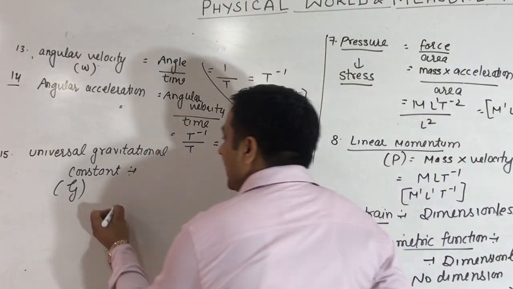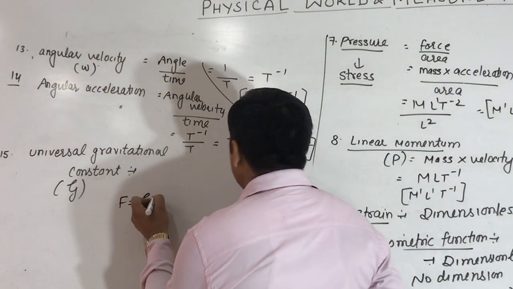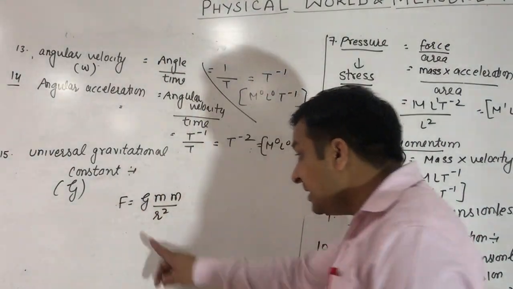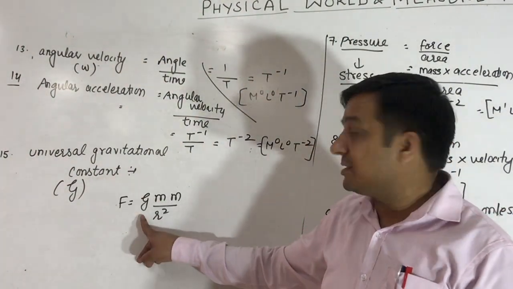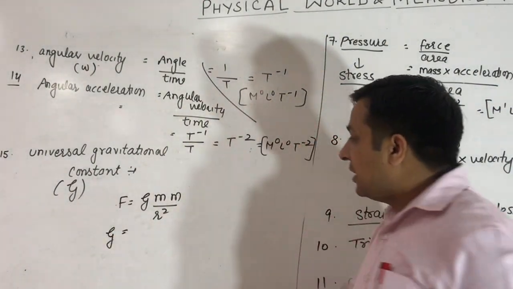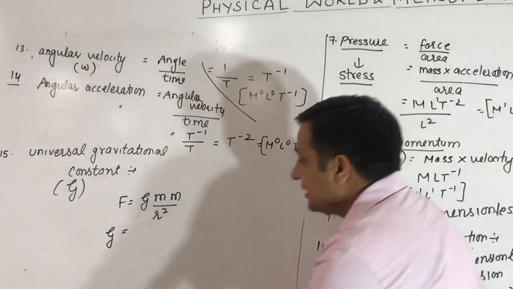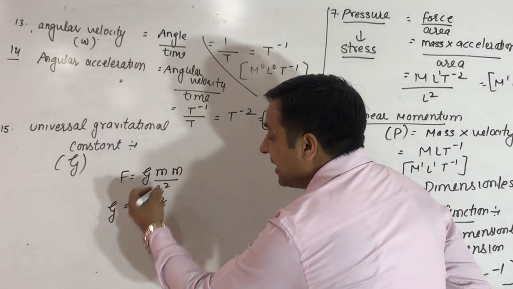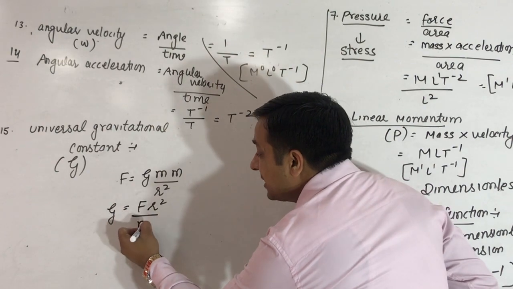Newton's law of gravitation: F is equal to G m1 m2 upon r square. Here G is the universal gravitational constant, and we will find its value by cross multiplication: G is equal to F r square upon m square.